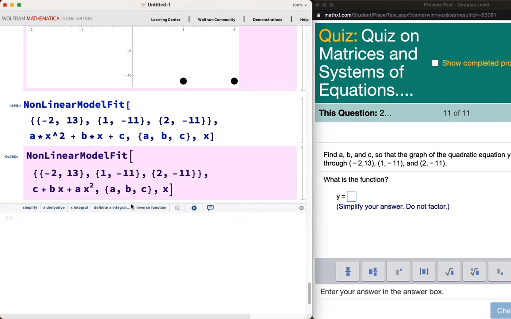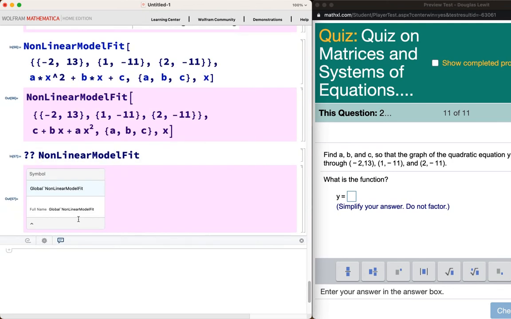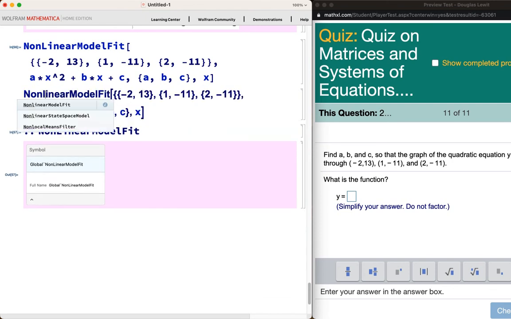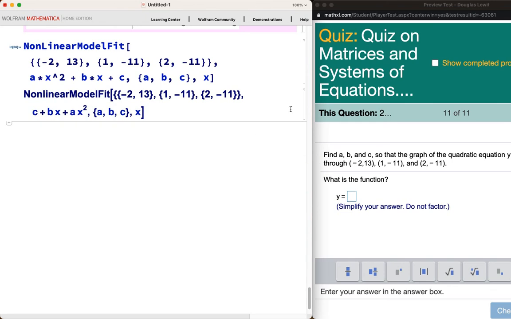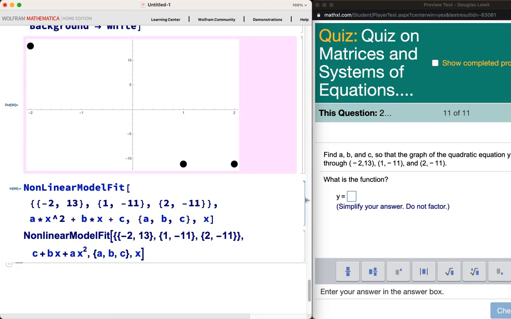Okay, hold on one second. Let me look this up. Nonlinear model fit. Oh, sorry, I misspelled that. Let's try this one more time. Let me erase this.